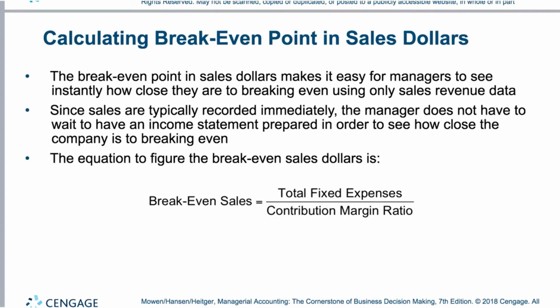Now, the reason that we calculated those ratios is not just for a mathematical exercise. It is useful for active management. If you are a general manager, and if you know your contribution margin ratio, you can immediately see how close you are to breaking even if you're just using your total revenue data.